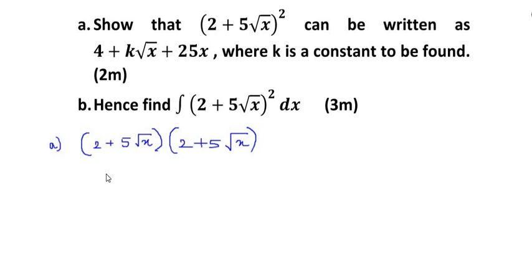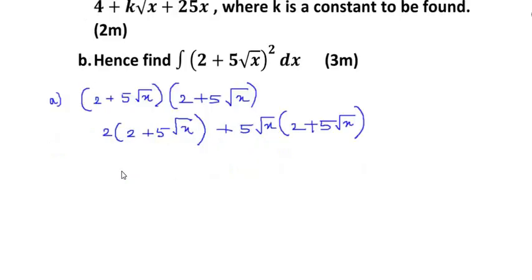Now 2 is going to be multiplied with the second bracket, 2 plus 5 root x, and then the second term, plus 5 root x, gets multiplied again with the second bracket, that is 2 plus 5 root x.